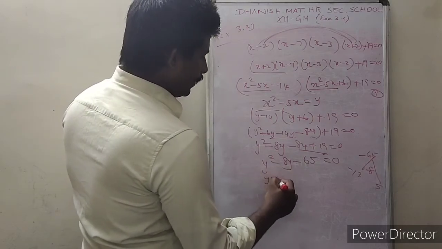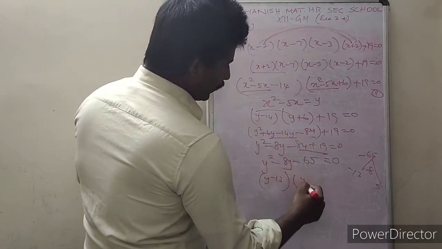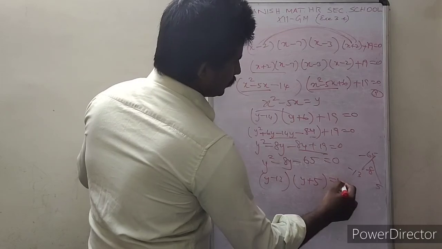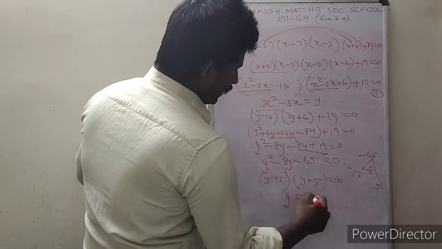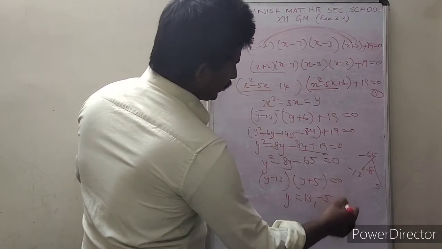So (y minus 13)(y plus 5) equal to 0. So our y values are 13 and minus 5.